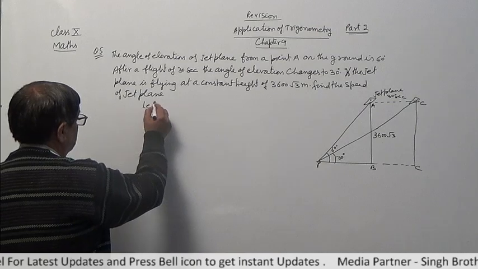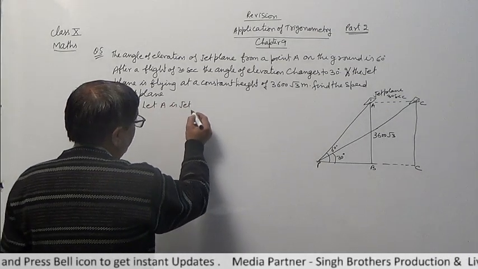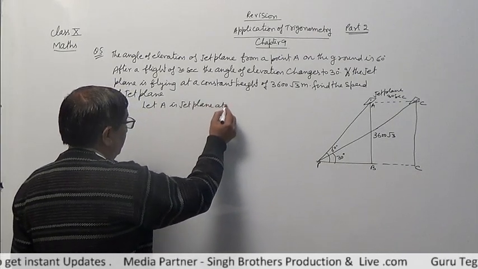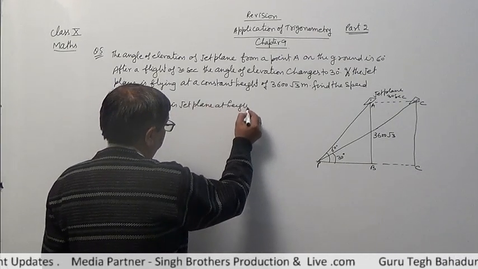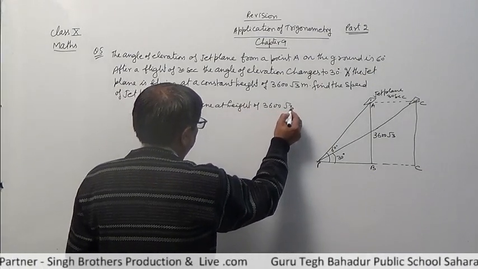Let A be the jet plane at a height of 3600 root 3 meter.